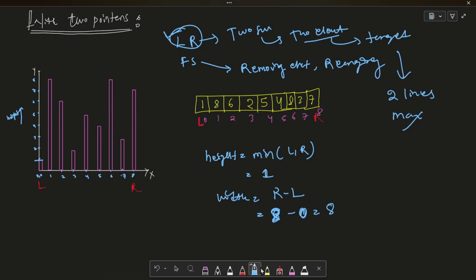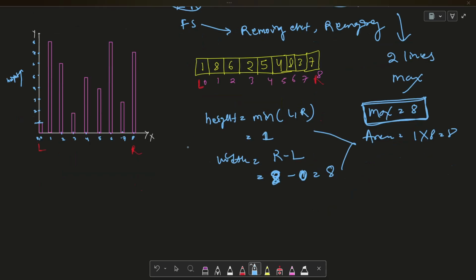Now the area is 1 into 8 equals 8. We will declare a maximum where we are going to keep this maximum value. We'll update it when we get a larger one. Now step number 1, finding the area for the left and right lines, has been completed.